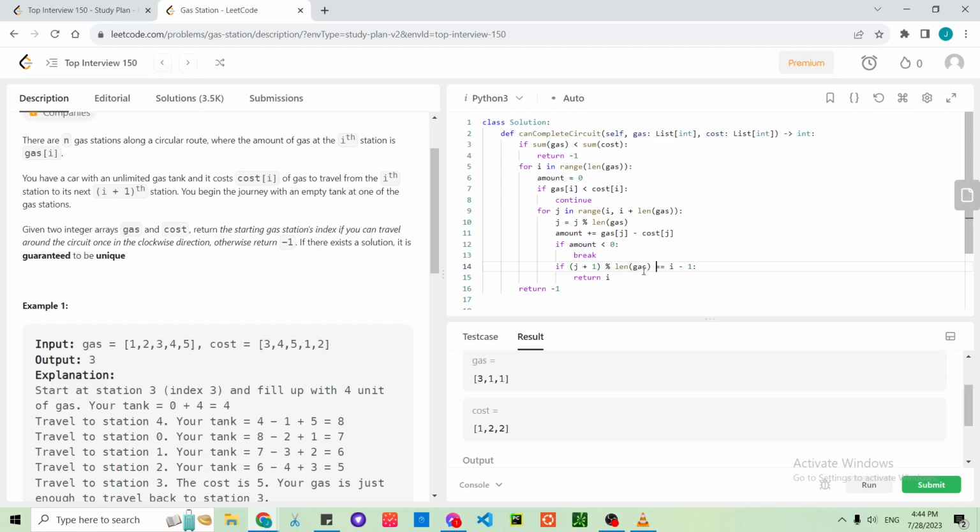So if j is 2 plus 1, 3, modulo 3, is equal to i. So that's what we need. If the next one modulo length is i, that's when it's full circle.